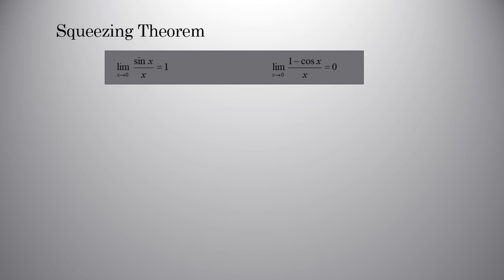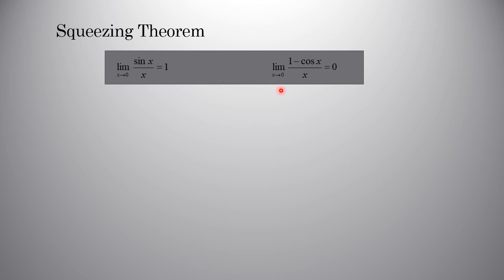This is the squeezing theorem. For this subject, students need to know these two theorems. First, if we find the limit for the function sin x over x as x approaches 0, this kind of limit will be equal to 1.